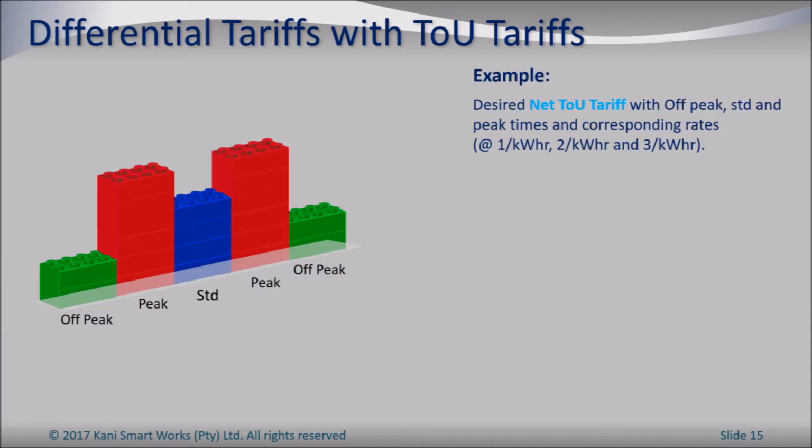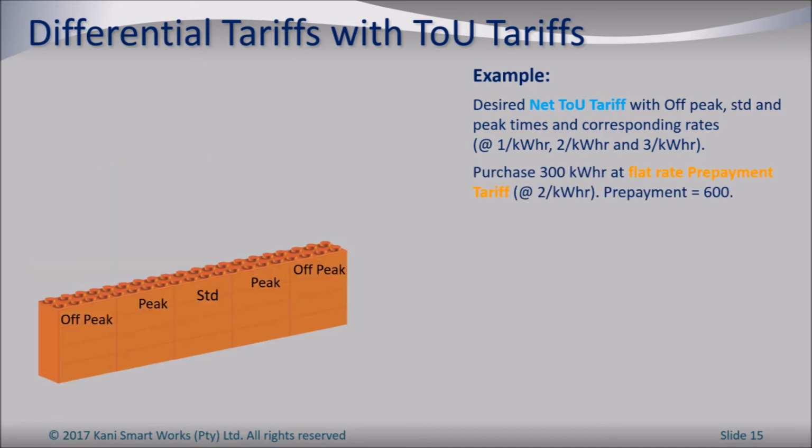If the desired net time of use tariff has off-peak, standard and peak times corresponding with 1, 2, and 3 per kWh, we can imagine that a consumer purchases 300 kWh again at the flat prepayment tariff rate at the vending point, again at 2 per kWh with a prepayment of 600.